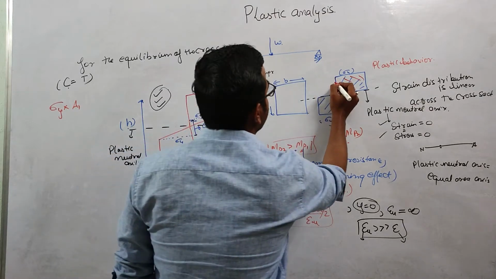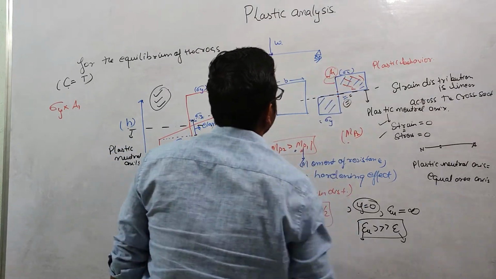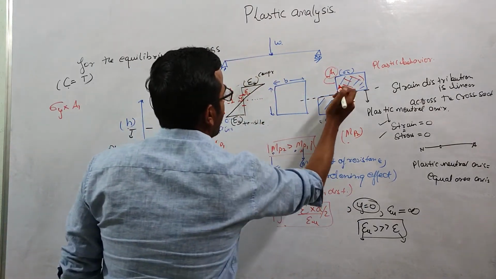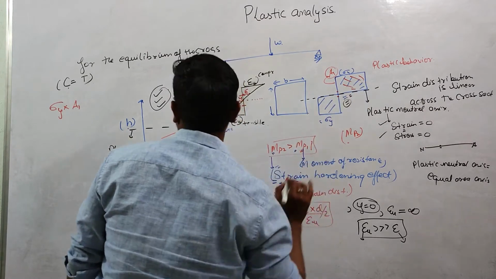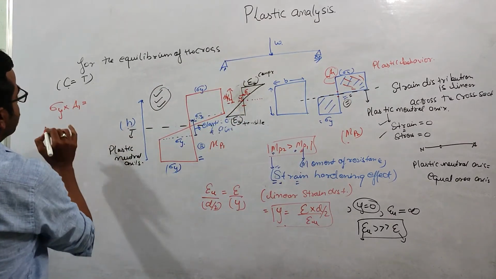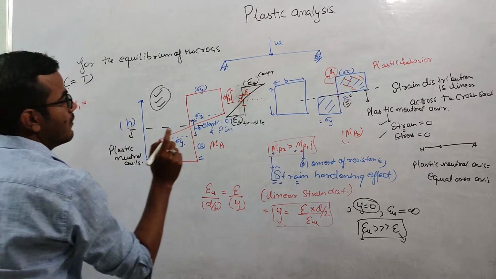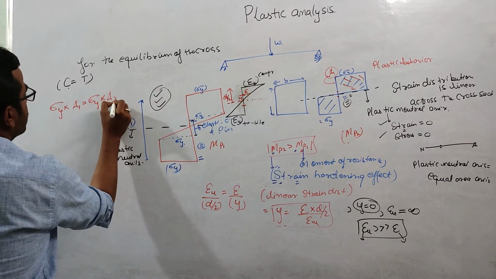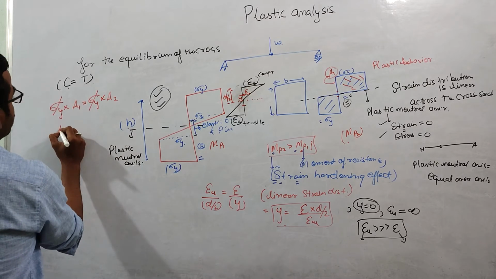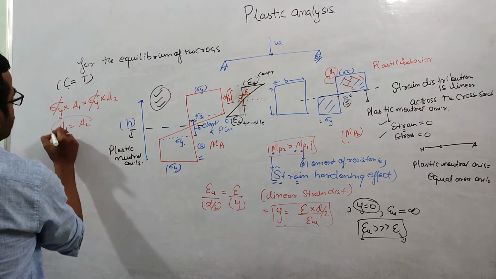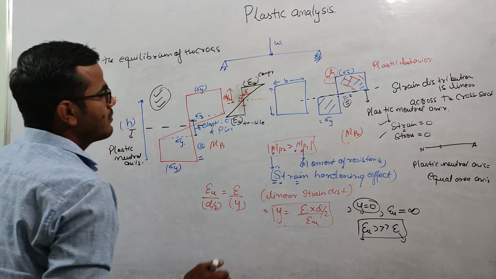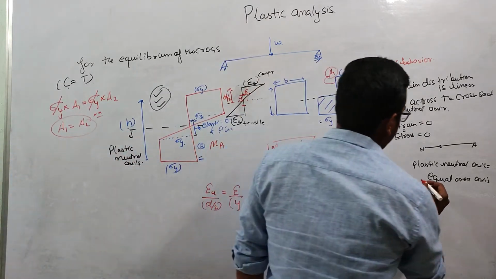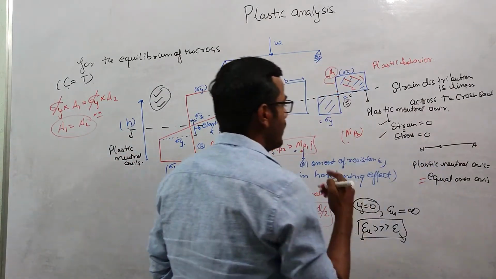Let us suppose this area is a1. All the fibers have reached the sigma y state. Similarly for the tension part, I write sigma y into a2. Sigma y will cancel out, so a1 equals a2. That's why the plastic neutral axis is also called the equal area axis.